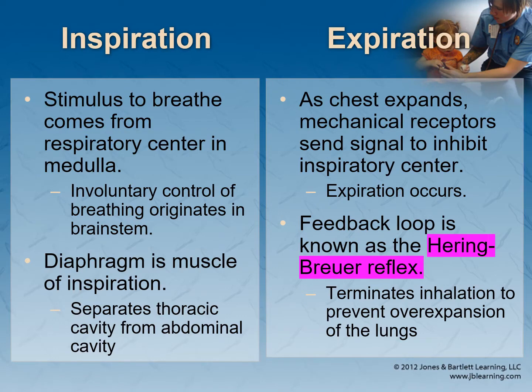So breathing in, it's an involuntary control, starts in the brainstem. We talked about the medulla oblongata and the pons, your dorsal and ventral respiratory group. Not going to go back over that. You can pop back to the airway lecture to review that. Our diaphragm is the primary inspiratory muscle.